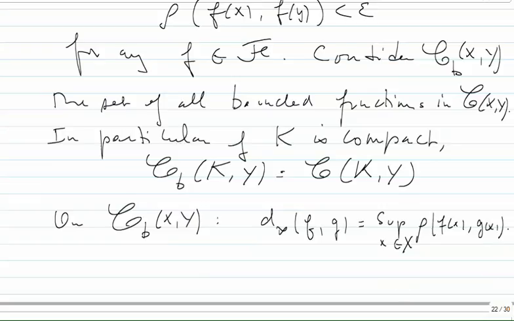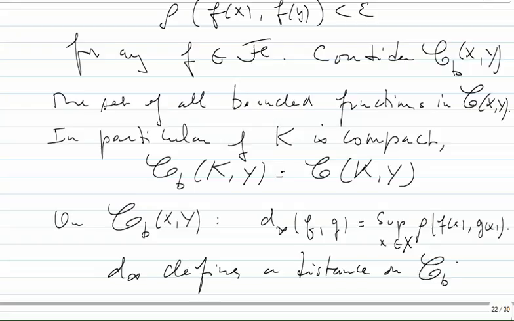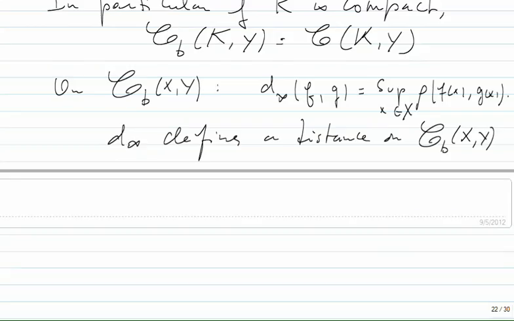Otherwise, if they are not bounded, this number may become infinite. It's obvious that this defines a distance on C_B(X, Y). So C_B(X, Y) with d infinity is a metric space.